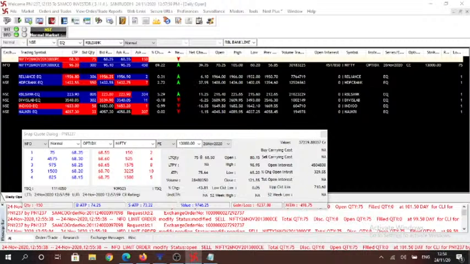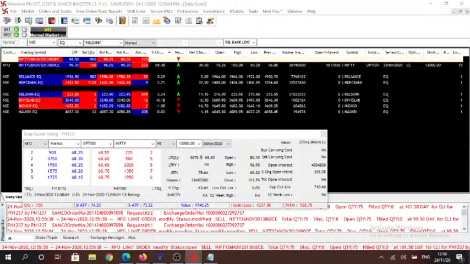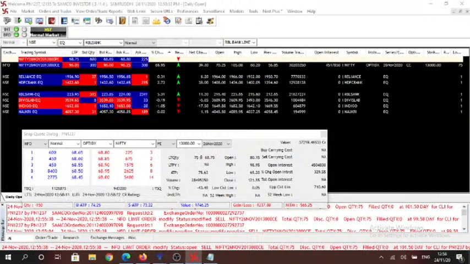We have our hand on the exit order, the cover order of the short put. So let's see. Let it break the lows. So we'll exit partially.